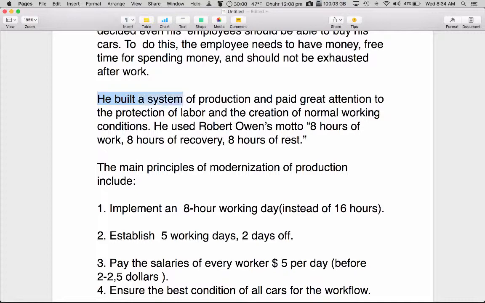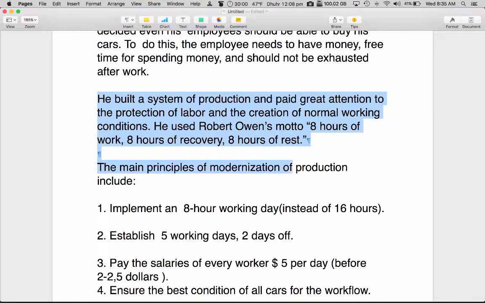He built a system of production and paid great attention to the protection of labor and the creation of normal working conditions. He used Robert Owen's motto, 8 hours of work, 8 hours of recovery, 8 hours of rest.